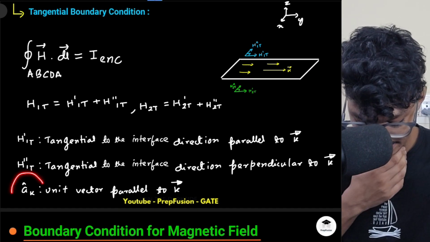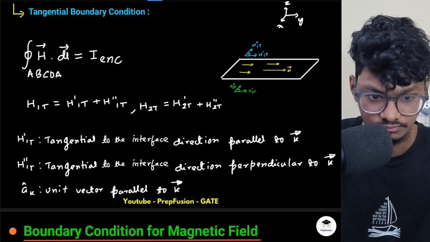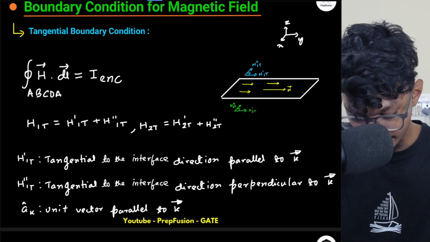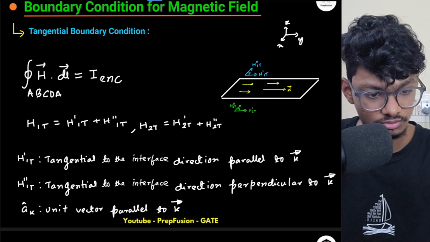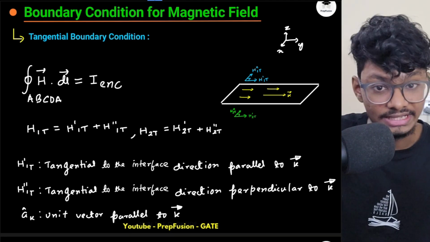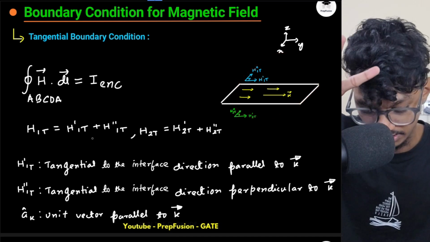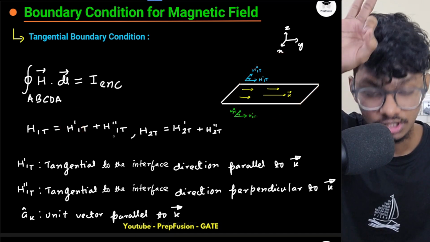Now, what is a_K cap? a_K cap is a unit vector that is parallel to the K vector, right? So that is what my H dot dl is. So just hold on. Yeah. So my h1t, I can write the tangential component on the surface as the sum of two vectors. One will be h dash 1t, another one will be h double dash 1t.